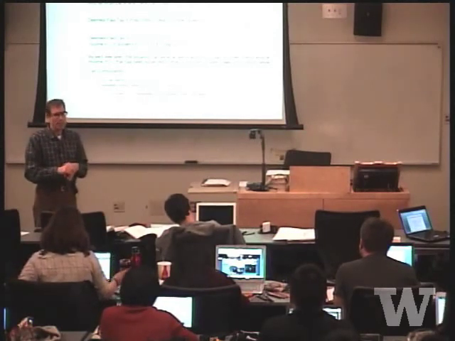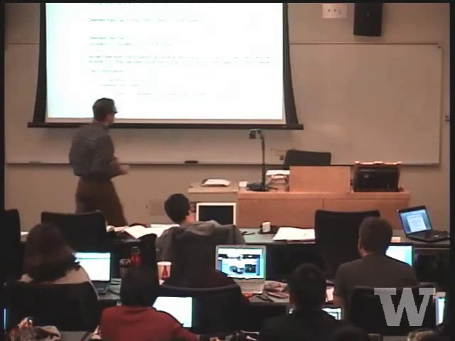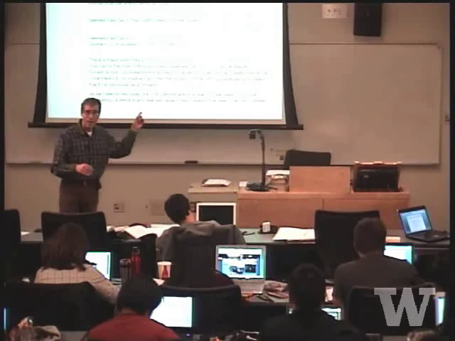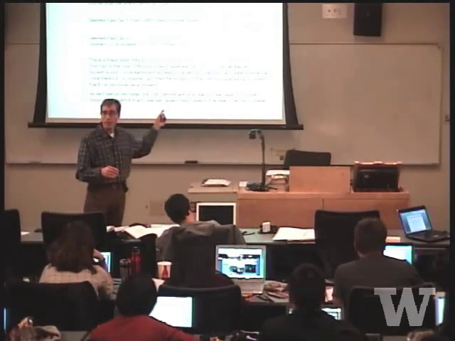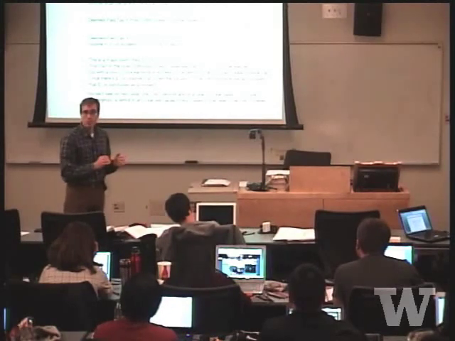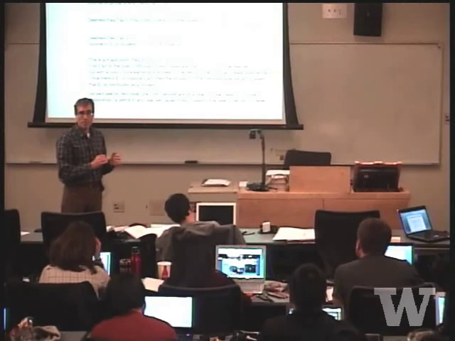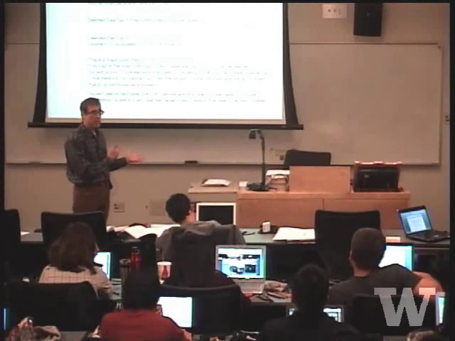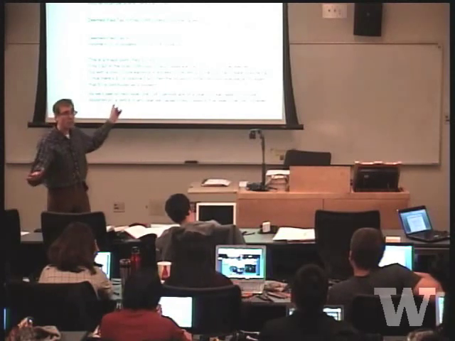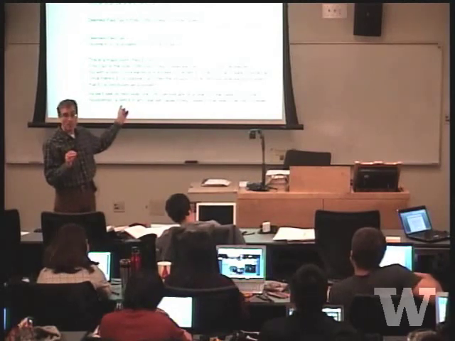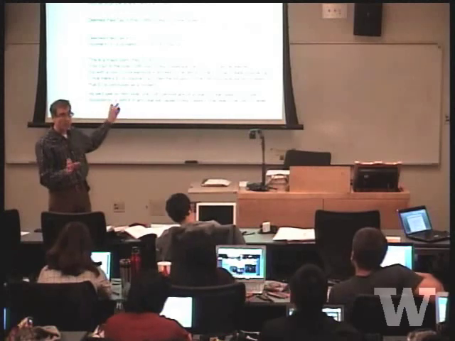Okay, the second aspect gets back to our other slide. Think about this kind of situation happening where we have a year-by-year calculation. If it's a year-by-year calculation, there's no ability to adjust this later. That 30 is lost forever. It will never be a deemed paid credit because once the year's closed, it's closed.